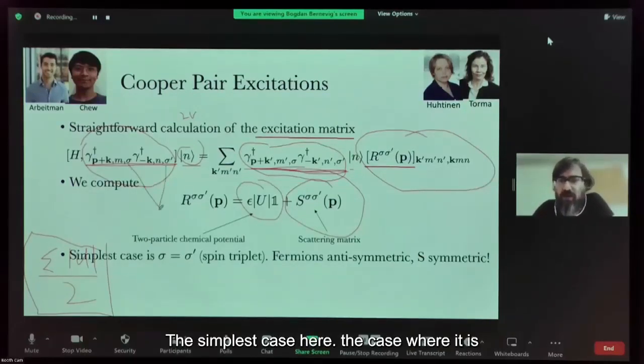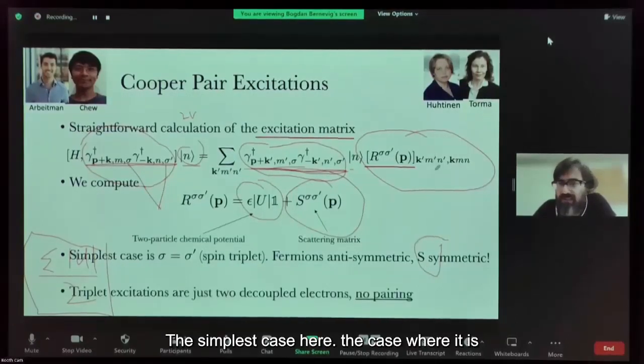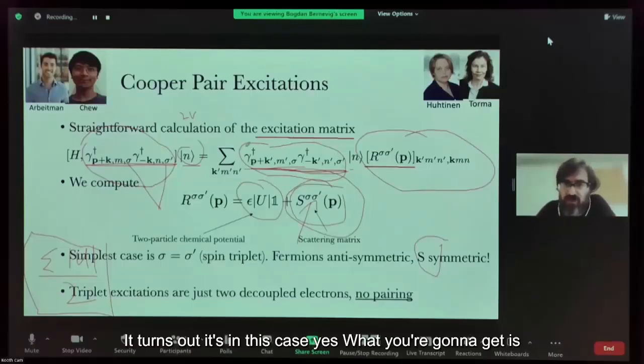So sigma and sigma prime are the same, say both up. It turns out that in this case, since S is symmetric and the fermions are anti-symmetric, when contracted with the fermions here, you're going to get 0. So the triplet excitations are just two decoupled electrons.